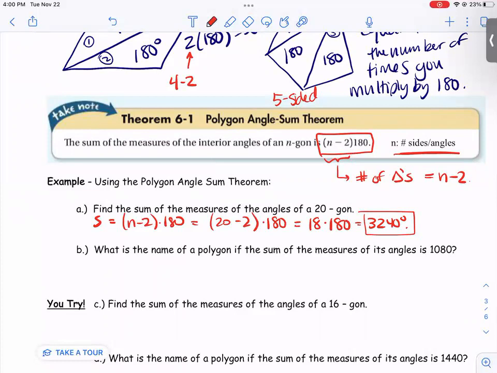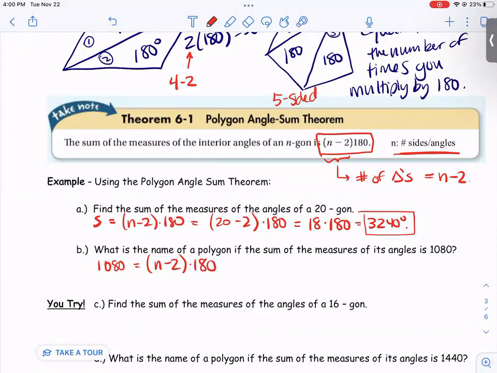You can flip the script, and if you're given the sum, you can actually solve for the number of angles in the shape, or actually name the shape itself based on how many angles or how many sides you have. So in letter B, if 1080 is the measure of all the angles, I can make that the sum and set it equal to this same formula, n minus 2 times 180.